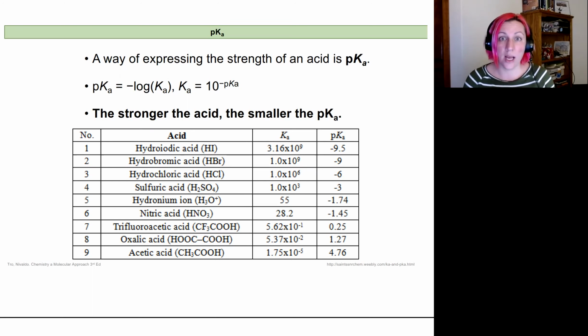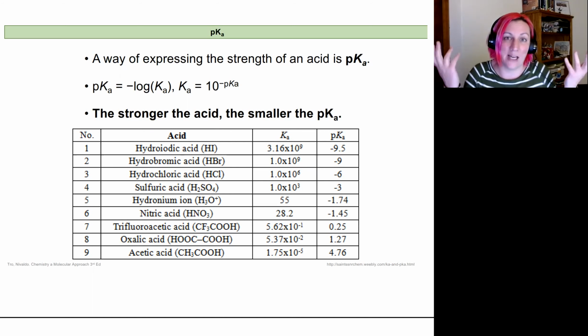We also track the strength of an acid with Ka values, but we tend to report those as pKa values. I think the logic behind this more than anything else is that it is annoying to write out values in scientific notation, and it's nice to put them on a logarithmic scale to get a smaller range of numbers. I don't know.